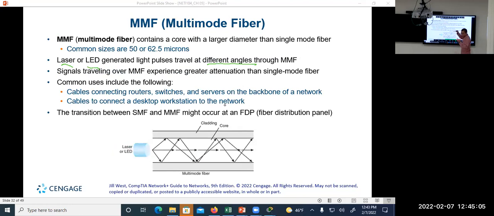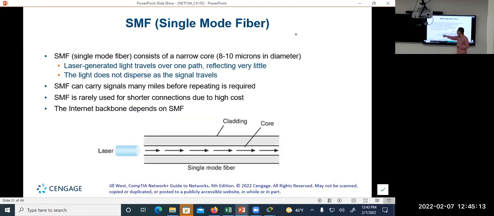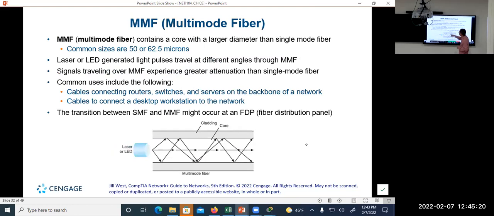That is different from single mode, where you only have one ray of light along the way. In multi-mode, you have many rays of light.